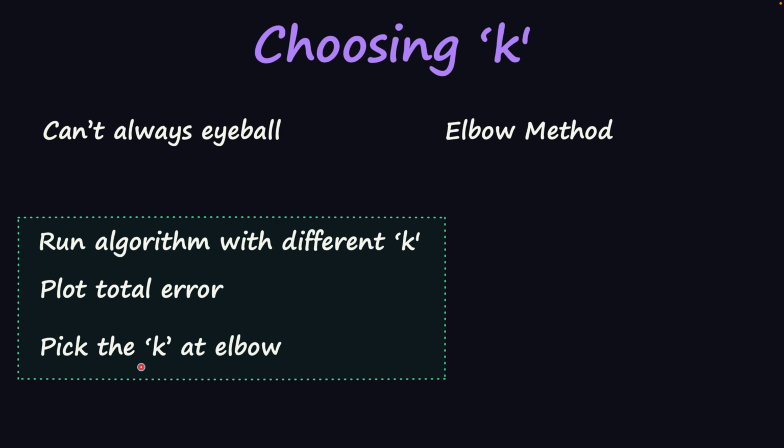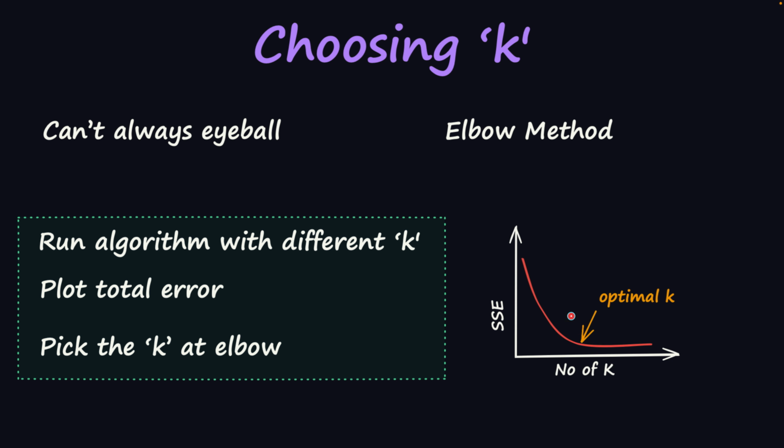We can see that in this graph, which is called the elbow graph. Here, the squared sum of error is on this axis and the number of k is on this axis. If the number of k is really low, then we can expect the error to be really high. If the number of clusters is really high, then the error is really low, but it is not changing any further, so it kind of saturates. This means that as we increase k, it is not reducing the error, which means increasing k is not going to be effective.